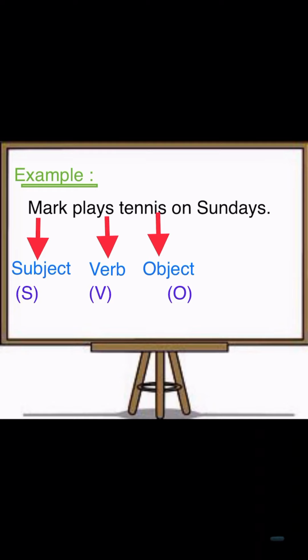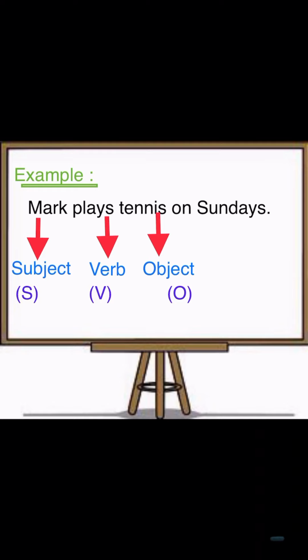And plays is the verb. Then tennis is the object. And for the abbreviation, we write S, that stands for subject, and V for verb, and O for object.